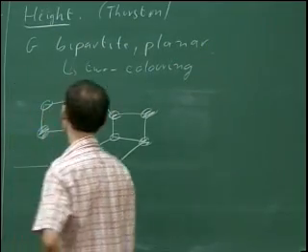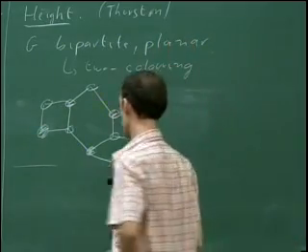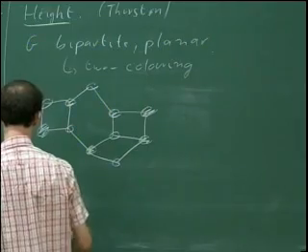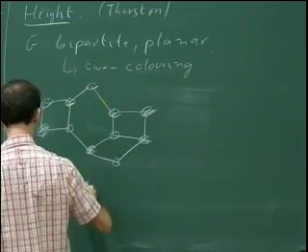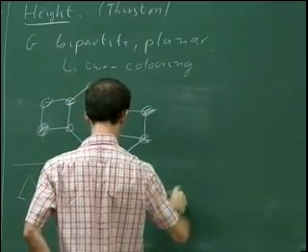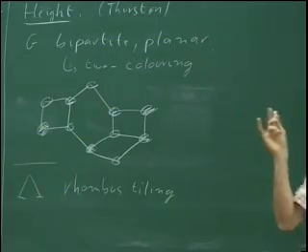I'm going to describe a particular way of getting bipartite graphs. You take a rhombus tiling of the plane or a portion of the plane.